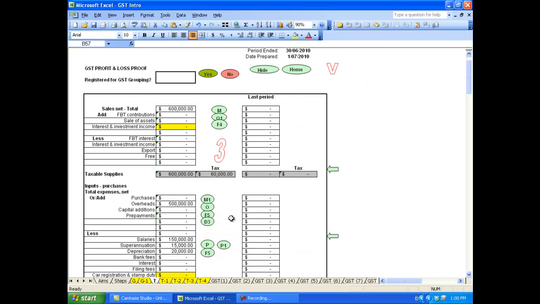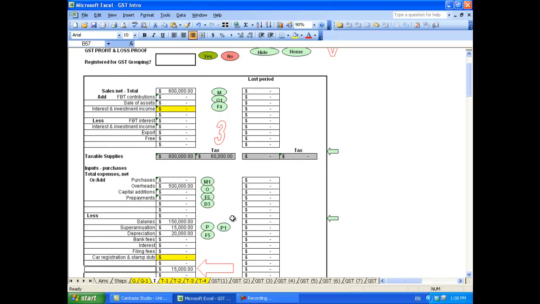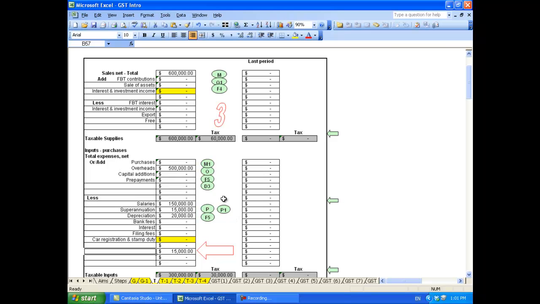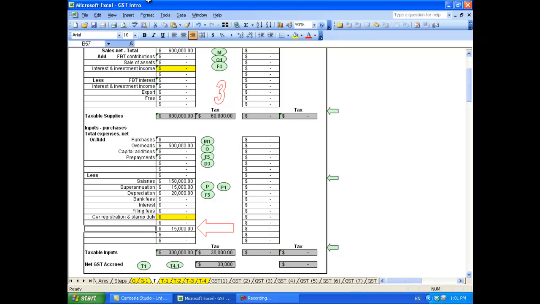involves reviewing the ledger transactions for the year to obtain an estimated net GST processed figure. Much of this schedule, which is Schedule T, will be pre-populated by the previous work you've done, and figures such as the sales figure and the overheads figures will come through automatically.